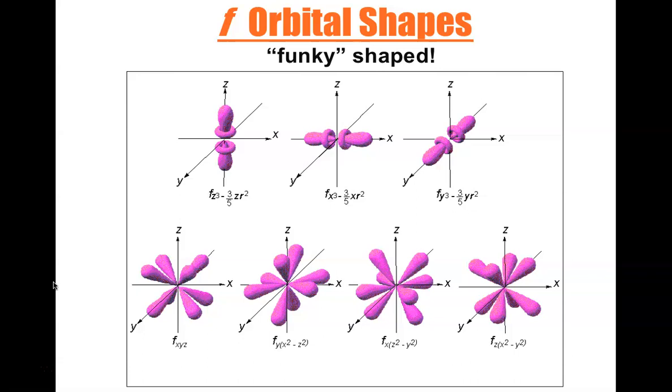Let's grab our periodic table for a second. I'll hit pause. All right, we're back now. If you look at the first 2 columns of the periodic table, that is called your S block. There's only 2 columns. There's only 1 type of s orbital.